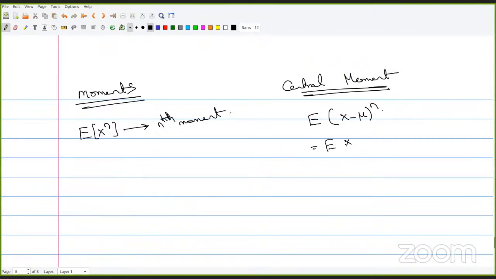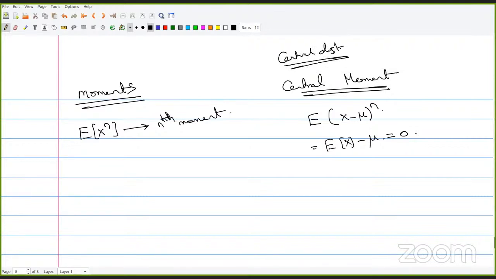This will be the expected value of x minus mu, and this will become 0. So the first central moment is 0. For the centralized distribution, we call these central moments.